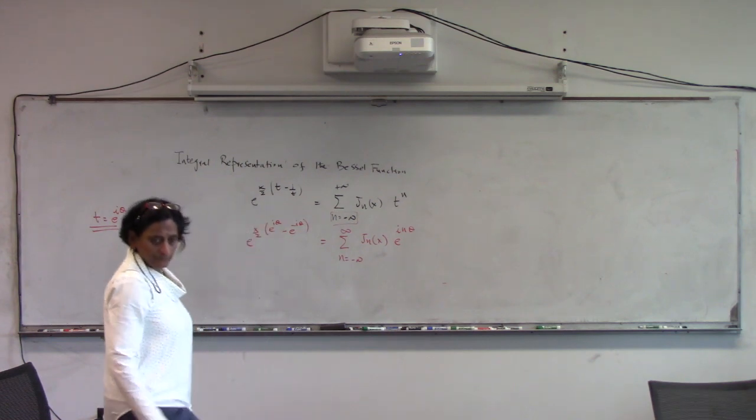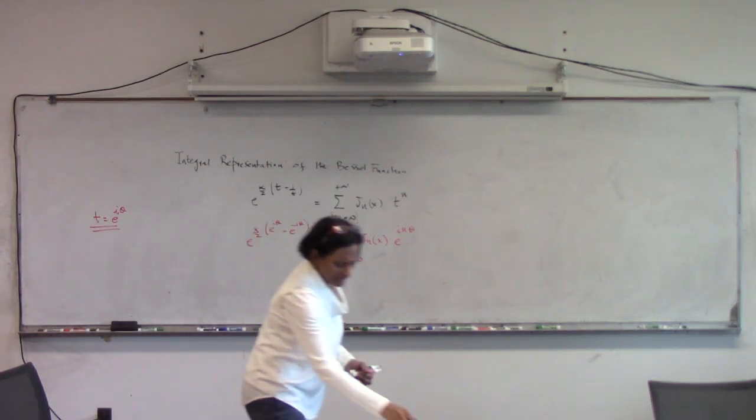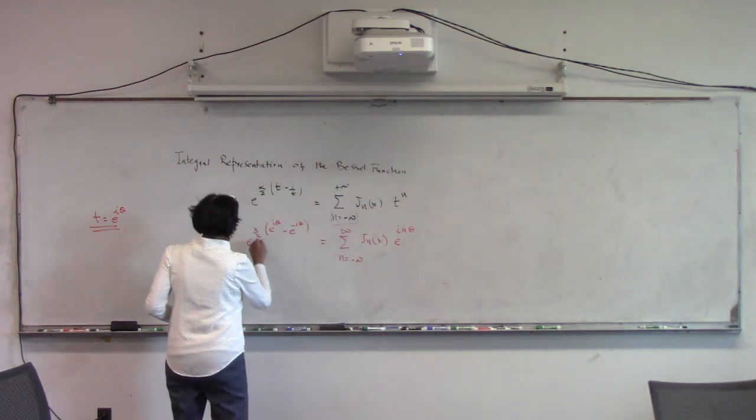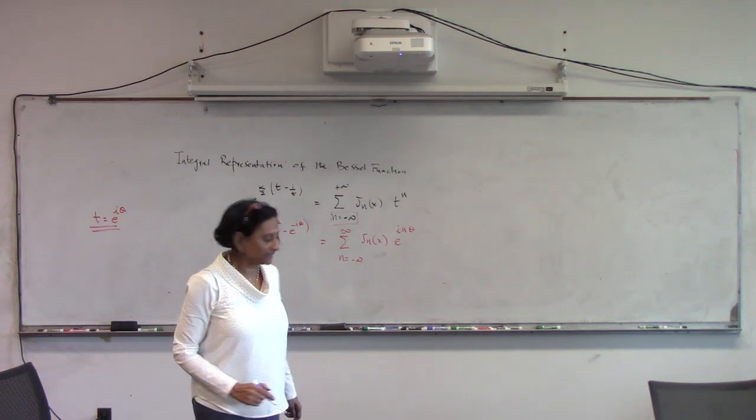Now what is this quantity? It is sin theta plus i sin theta minus, so it is 2i sin theta.